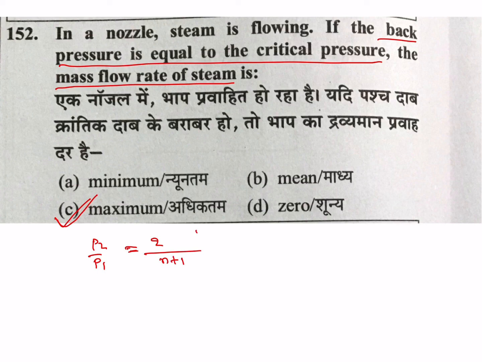This formula you also have to remember. Sometimes they will ask P2 by P1. Directly this formula in option you will get. So P2 equal to your critical pressure PC, P1 is your inlet pressure. C is your correct answer.